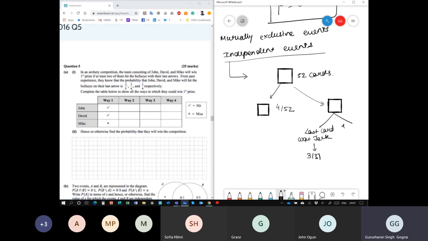And if it was not a jack, then the probability would be 4 over 51, isn't it? So you can see that the probability is different depending on the outcome of the first event.